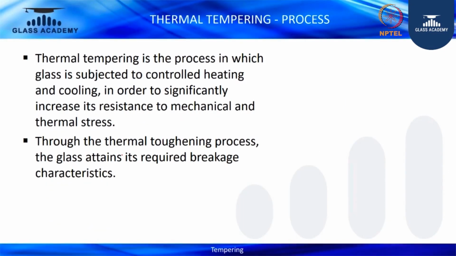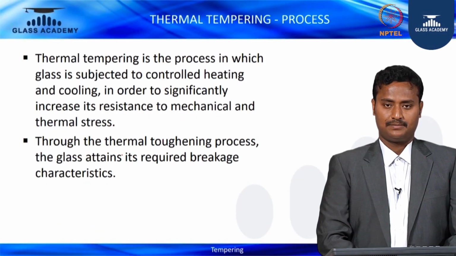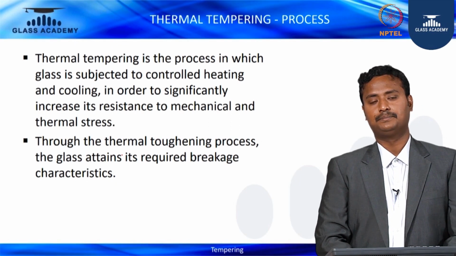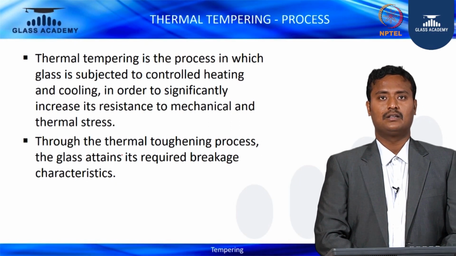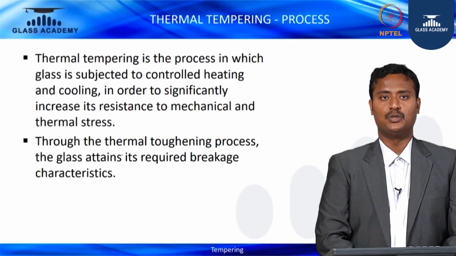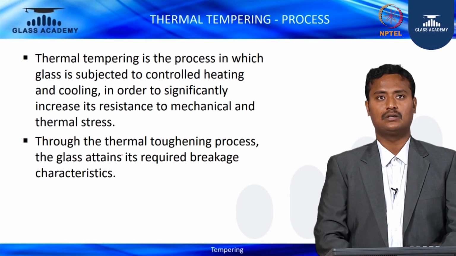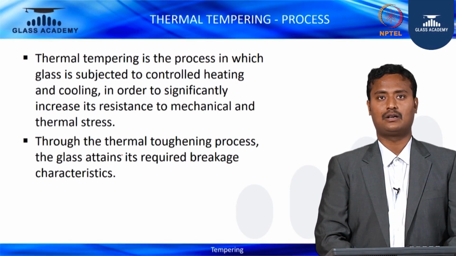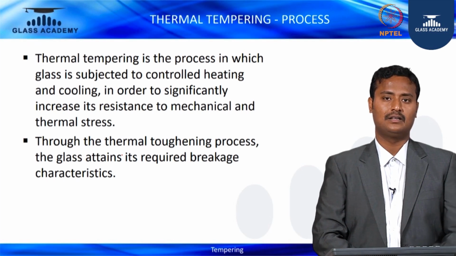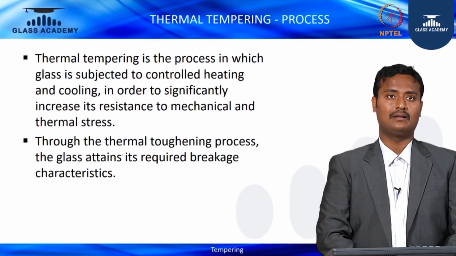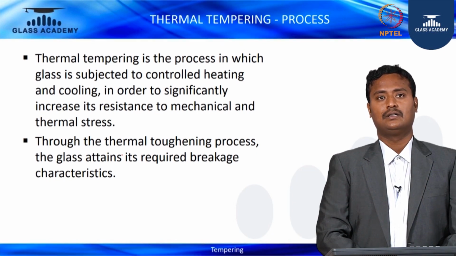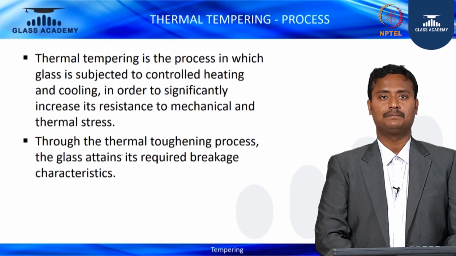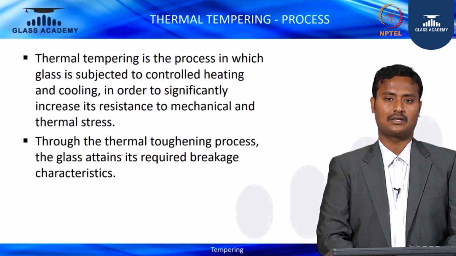Thermal tempering process, as said earlier, is the process in which glass is subjected to controlled heating and cooling in order to significantly increase its resistance to mechanical and thermal stresses. Thereby you get the required breakage characteristics through this process.